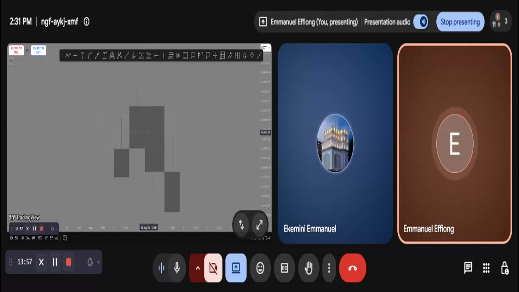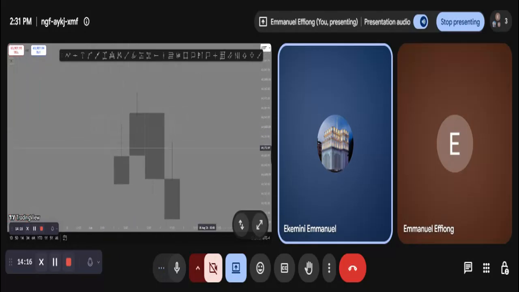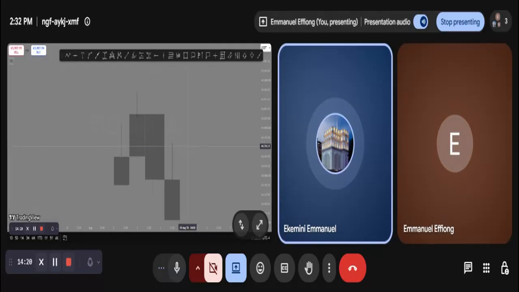Yes. To continue buying, and then it broke down again. So this second break is a confirmation that sellers are more present than buyers, and then we should look for a selling opportunity. Do you get me? Yeah, I'm understanding it now.